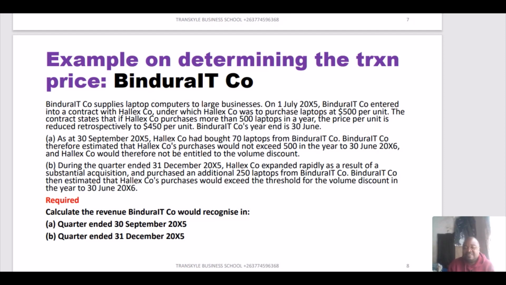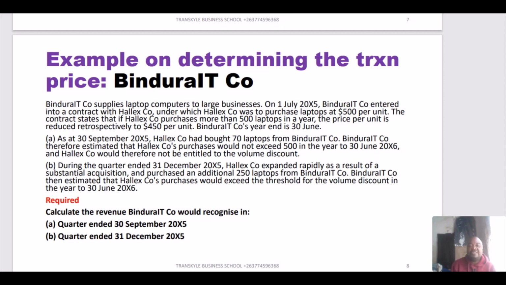They were not entitled, as at that particular time. Then B, during the quarter ended 31 December 2025, Halex Co expanded rapidly as a result of a substantial acquisition and purchased an additional 250 laptops from Bindura IT Co.